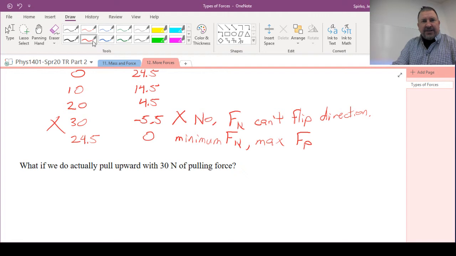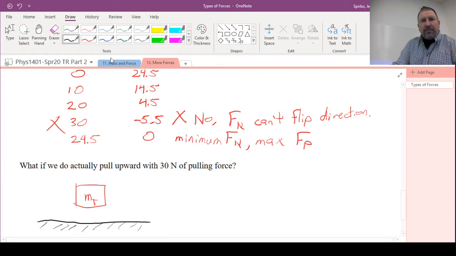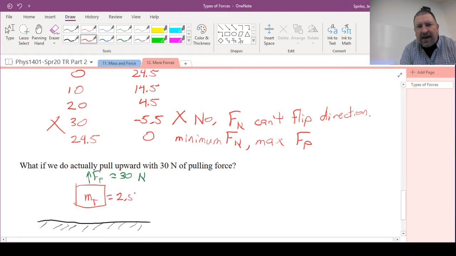So then our diagram changes. We have our M total. We lost normal force, so we lose contact with the floor. And we get force of pulling. So we have force of pulling equals 30 newtons. We have mass total is equal to 2.5 kilograms. And we have F net equals MA.